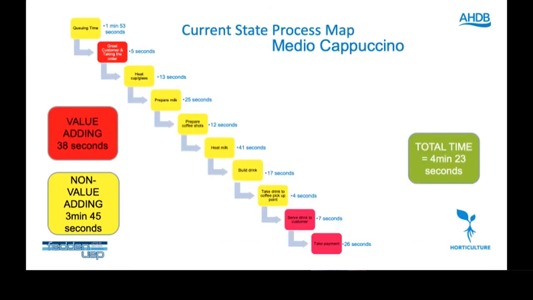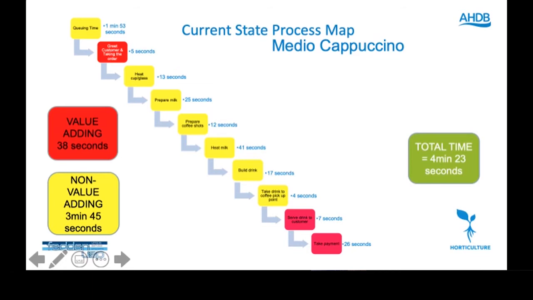And we use process mapping as a way of identifying all the different sections within that process. So this is looking at it from a customer's point of view. So the queuing, the placing of an order, the heating of the glass. So all these are all the individual elements involved in building the drink itself. And these are all the times associated.